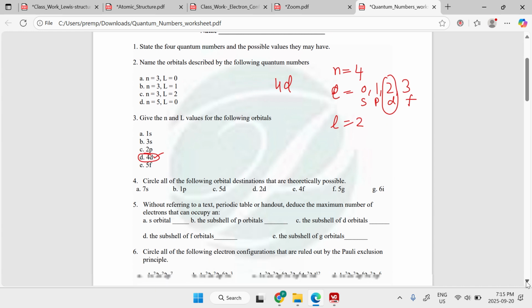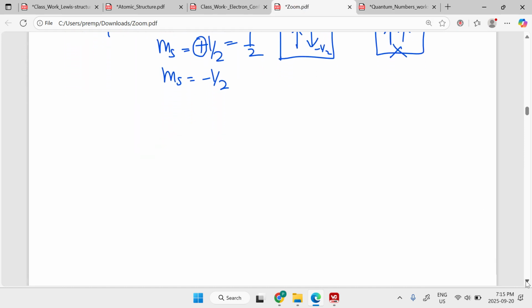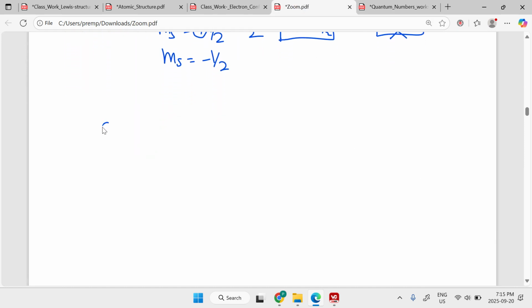Okay, I'm going to give you an example of, say, oxygen, and its distribution of electrons. That will come under the heading of electronic configuration. We'll do that soon, but right now I'm just doing it.